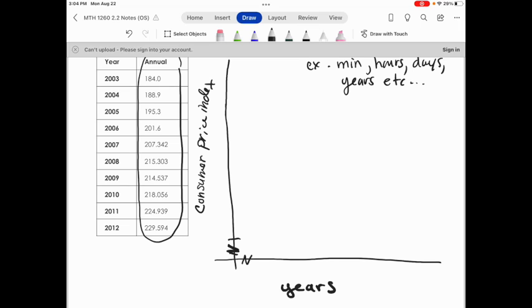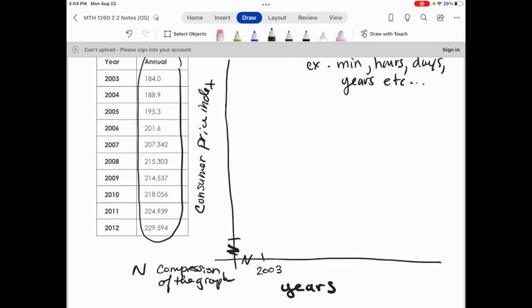And the same thing goes for the x-axis too. Since I'm going to start at 2003 and not 0, I need to let the reader know that I'm adjusting that scale so we can zoom in on a particular window. So that's what the squiggle line means. It's compression of the graph.